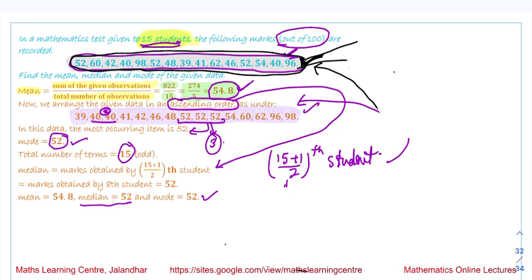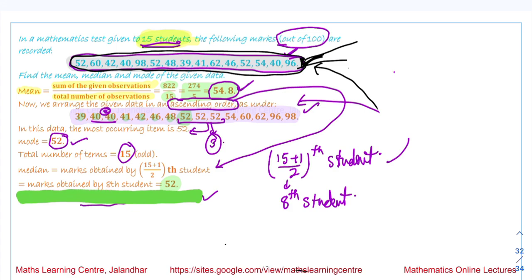So this is the 8th student. The marks obtained by the 8th student, counting 1, 2, 3, 4, 5, 6, 7 and 8, is 52. So what we get is the mean is 54.8, median is 52 and mode is 52. These are the values that we will have over here.